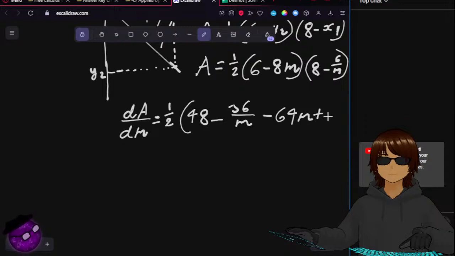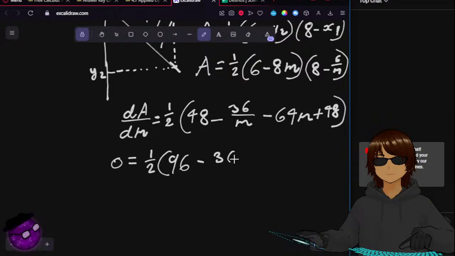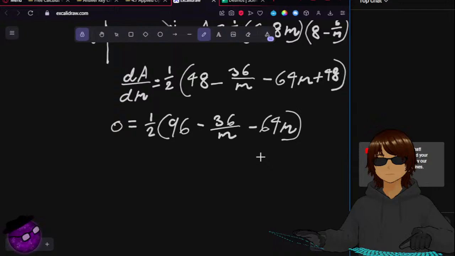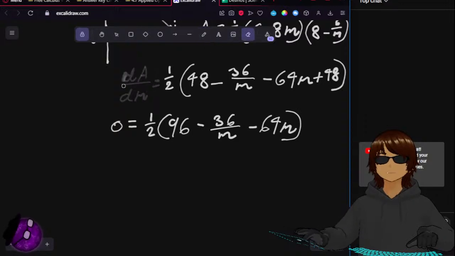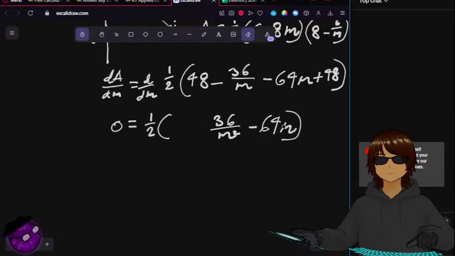Plus 96 minus. Now if I want to find the derivative, wait, the dm, then this becomes square, this becomes 0, this, and then the m disappears.